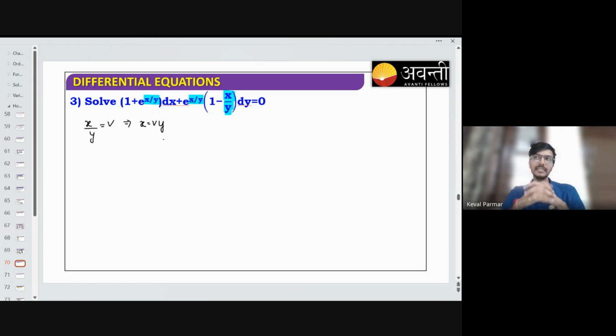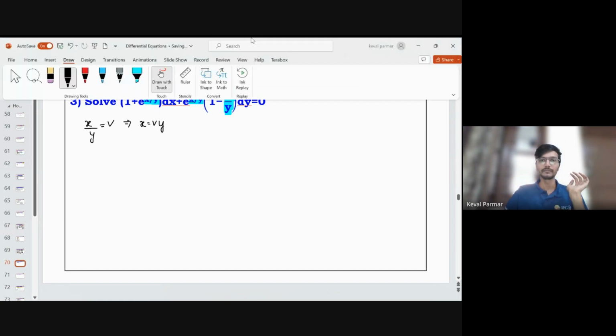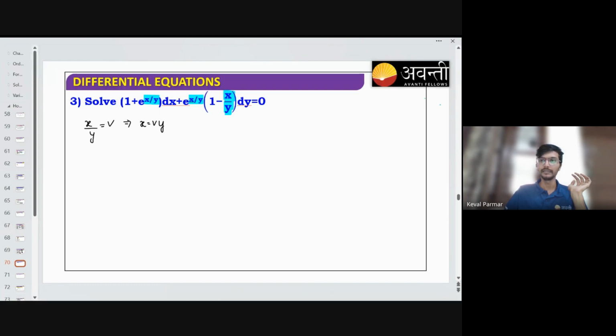Please understand, when we use y equal to vx, the dependent variable is y and the independent variable is x. That means we get dy over dx. When we put y equal to vx, my equation will be dy over dx.